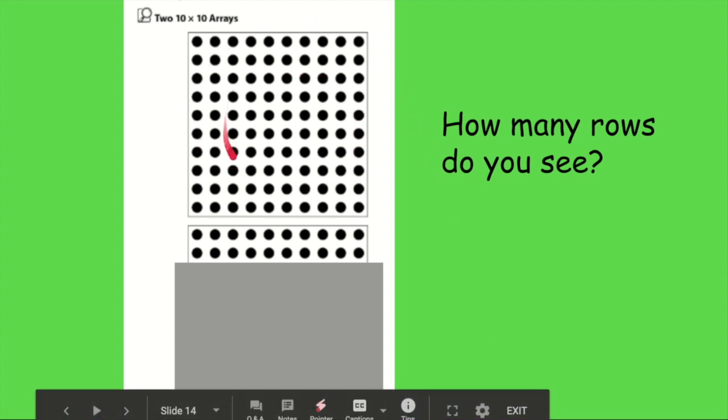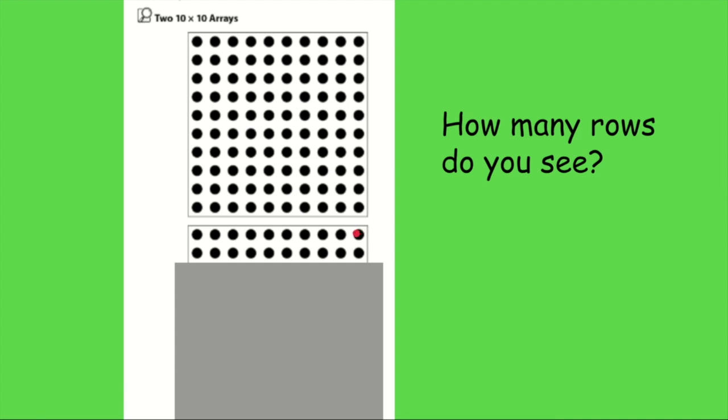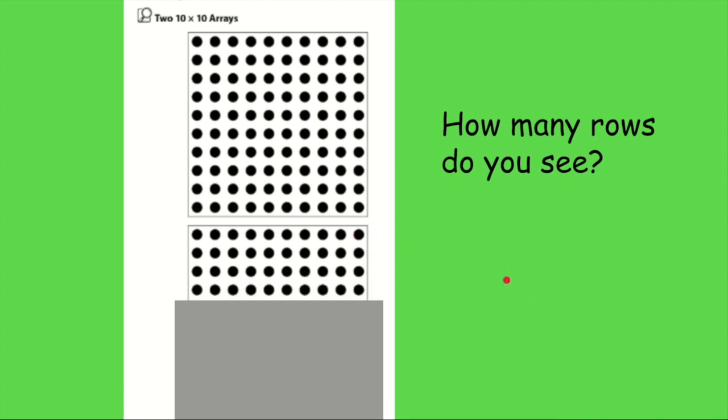I know that this one is how many? 100, 10, 20. Good job. Try this one. We know this is 100, 10, 20, 30, 40. 140. Try this one.